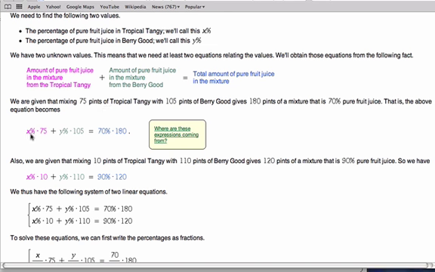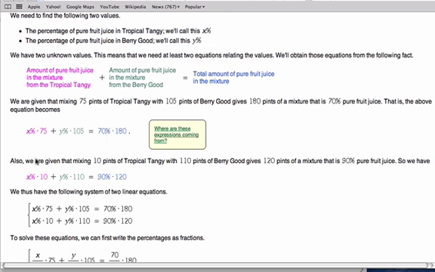So you get basically X% times 75, or if you say 75X, it's the same thing. Then you're going to add that to 105 times Y%. And then you're going to set that equal to 70% pure fruit juice at 180 pints, so you multiply those together. Okay? So that's one equation.